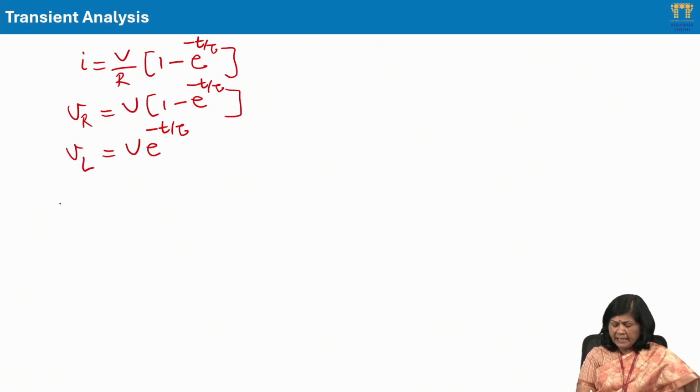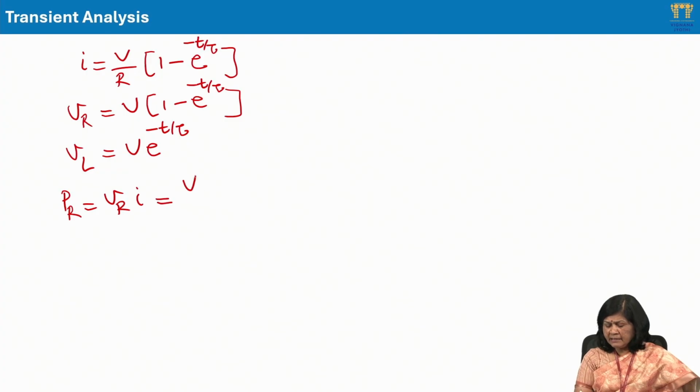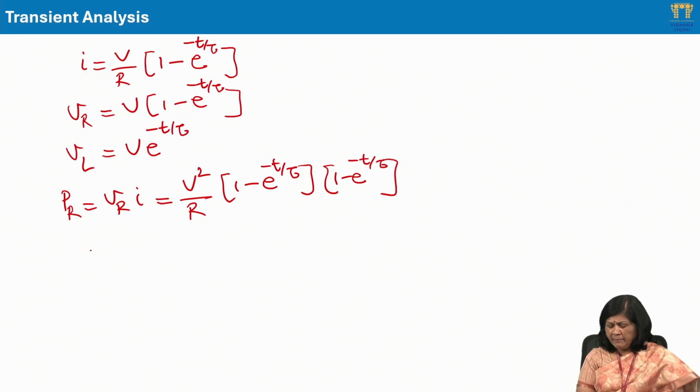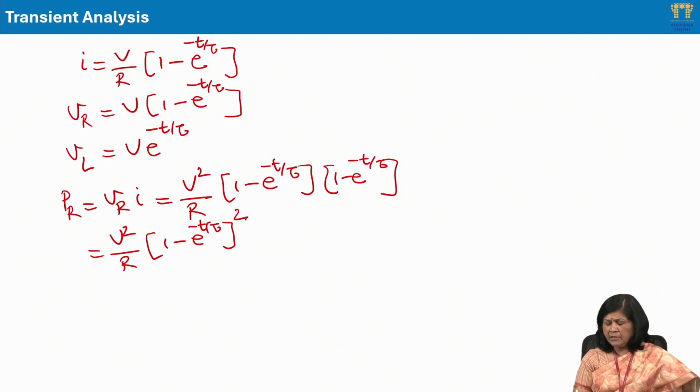The power across resistance is VR into I, that means V square by R times (1 minus e to the power minus t by tau) whole square.